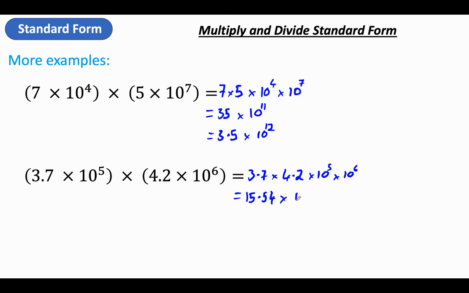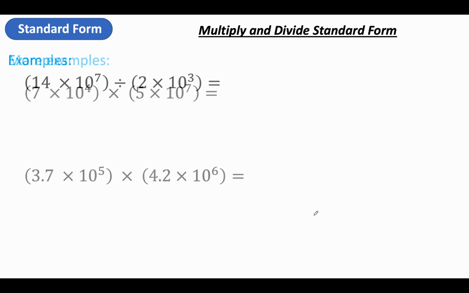And because we're multiplying, we can add our powers together. 5 plus 6 makes 11. Now my number's not in standard form, so I'm going to adjust it to be smaller again. 1.554, same digits, just one place smaller. Because that's got one place smaller, my number needs to get one bigger. 12. So 1.554 times 10 to the power of 12.